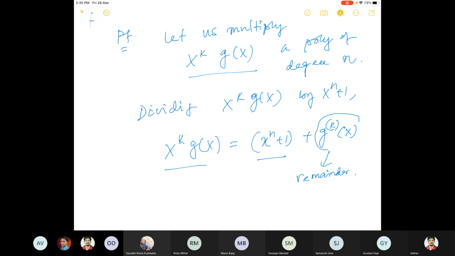Now this is the k times shift of g(x), the corresponding code word which corresponds to the code polynomial g(x).